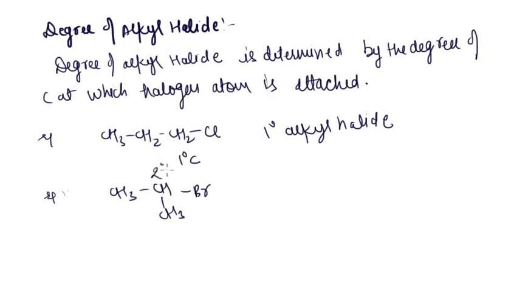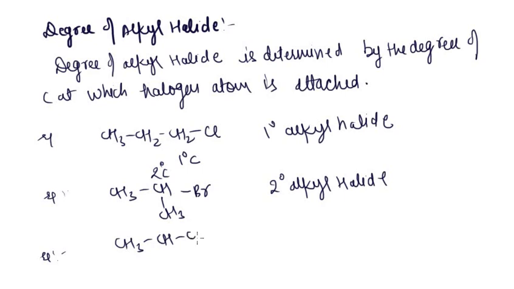Here a 2 degree carbon is directly attached with halogen, so it is a 2 degree alkyl halide. Now let's take the next example, CH3, CHI, CH3. It will also be a 2 degree alkyl halide.